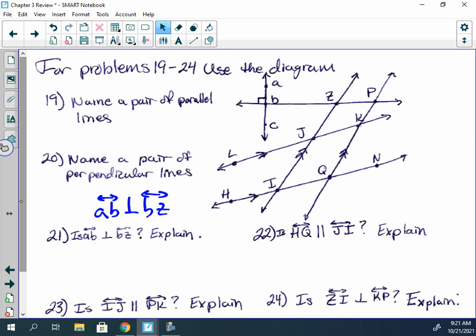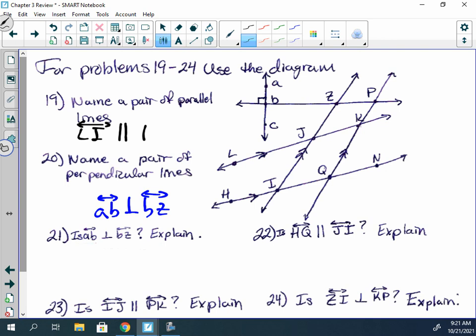Any questions on 19 for our parallel? Because how many sets of parallel lines do we have? 2, yes? Because I could have said LJ is parallel to HI, or any combinations of naming those two lines, or our other two lines, IJ and QK, because those two are parallel.